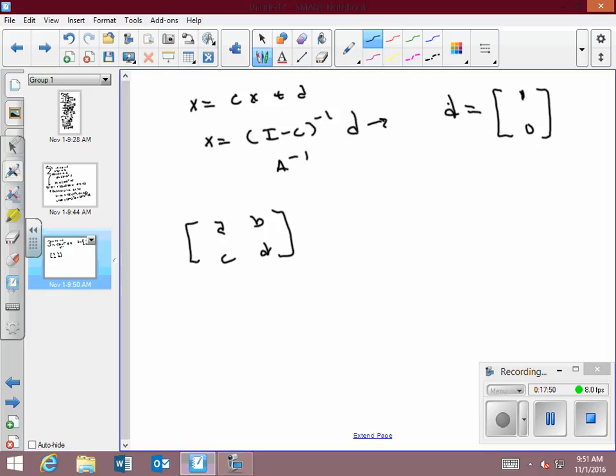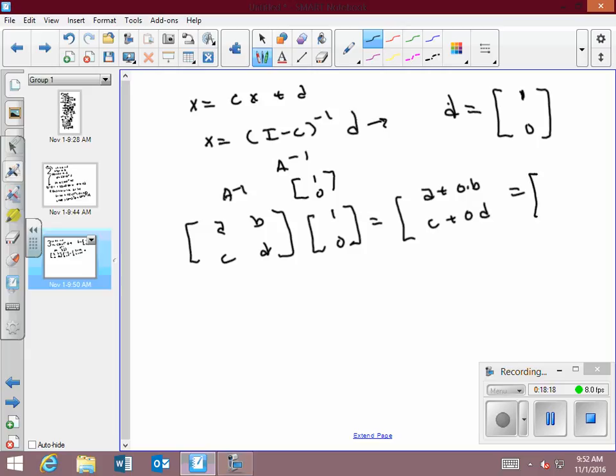So if this is your A inverse times a vector 1, 0, then you're getting A plus 0B, and then C plus 0D, which is A, C, which is just this first vector right here.